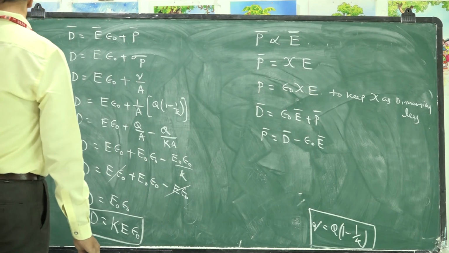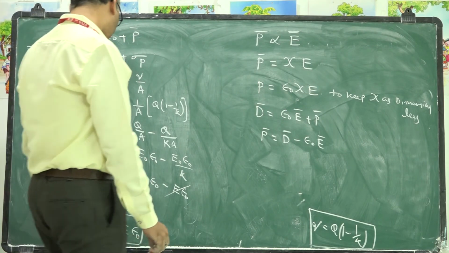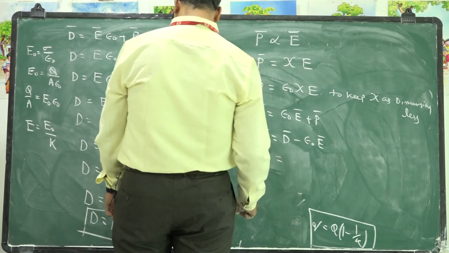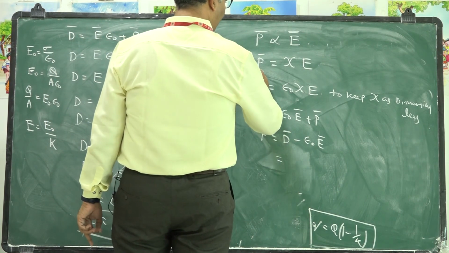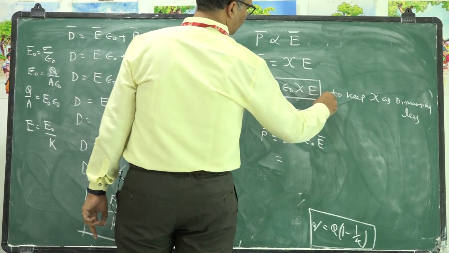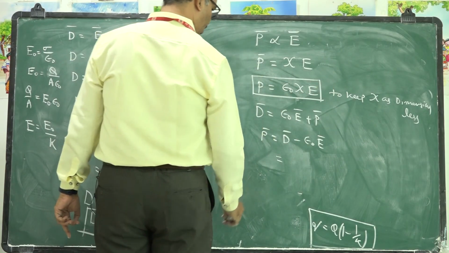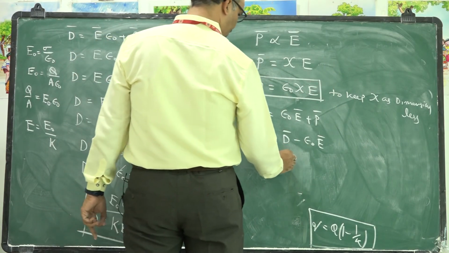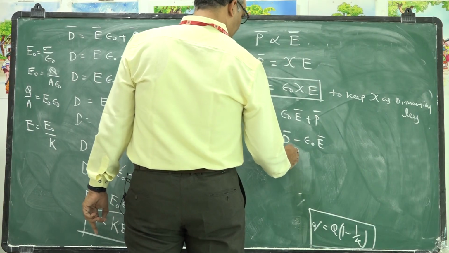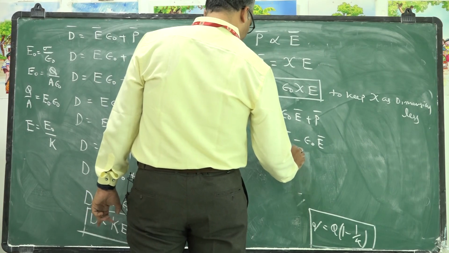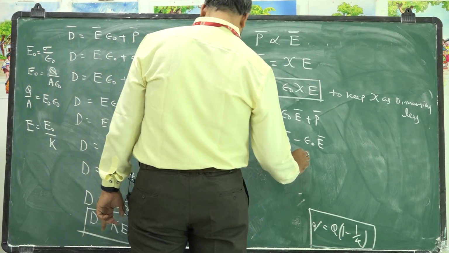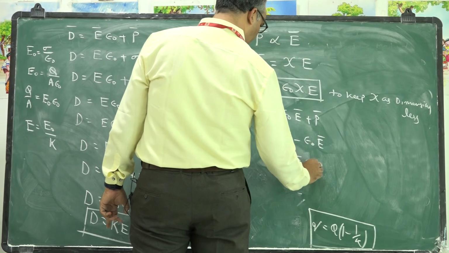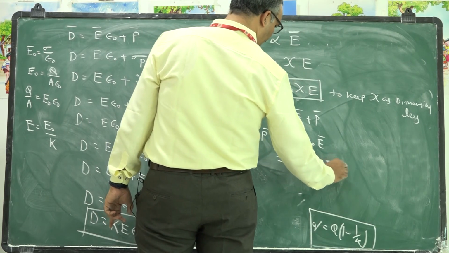Now we have only calculated the D value. What is the D value? This formula is also important for solving problems. P is K E epsilon naught minus E epsilon naught.